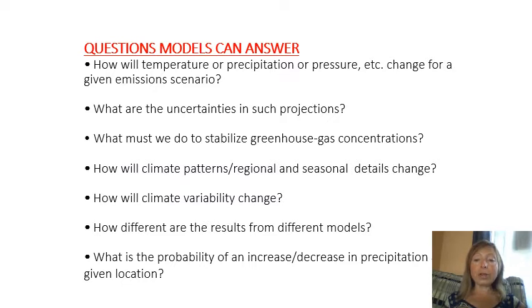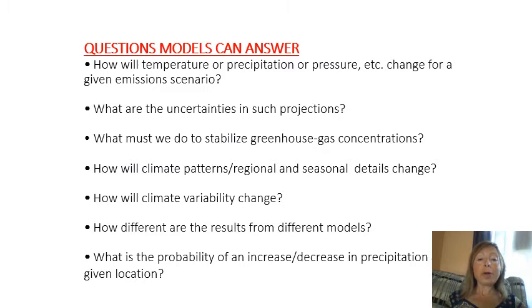When scientists run those models into the past, they compare them to the real data from the meteorological stations. If climate simulations are run for the present day, again, we can compare those simulations to the real-life data and then see if the model estimates climatic conditions correctly or not.